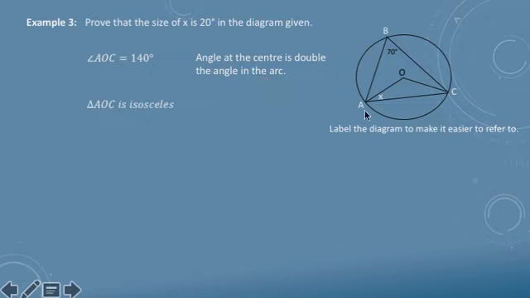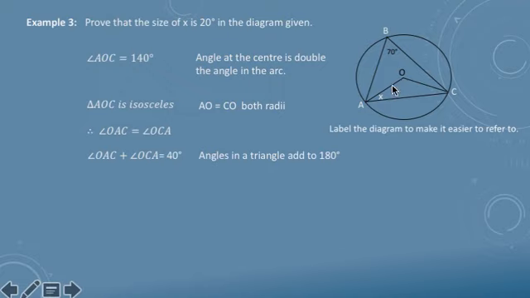Next, we know AOC is isosceles because AO and CO are both the radii. So then OAC and OCA are identical because they are an isosceles triangle. That means they have to both add to 40 because this was 140. We know triangles have to add up to 180, so all that's left is 40. That must mean x equals 20. And that's shown as requested.